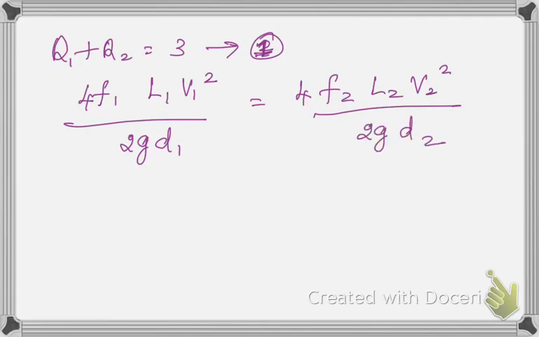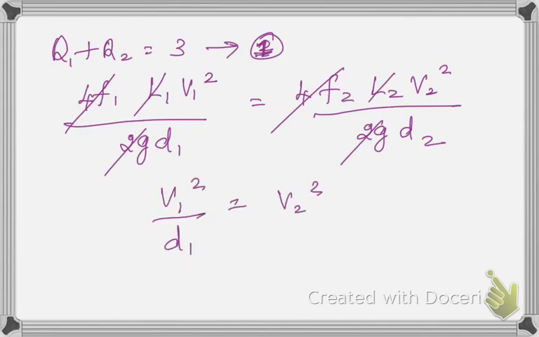So the common terms we can cancel off, because F1 and F2 are the same. And in the problem L1 and L2 are also 2000, so I can cancel these two off. So I'll be getting V1 squared by D1 equal to V2 squared by D2.